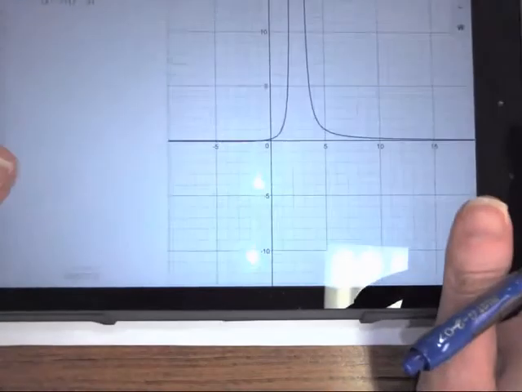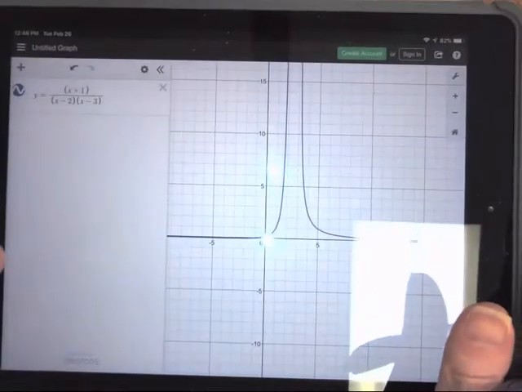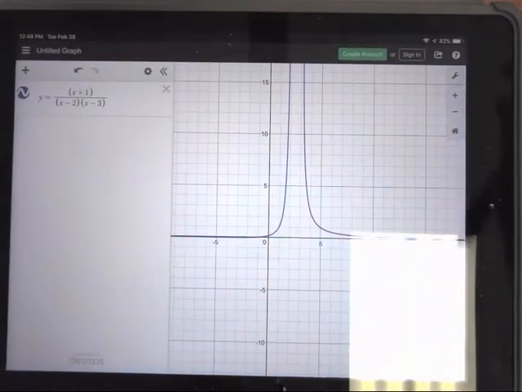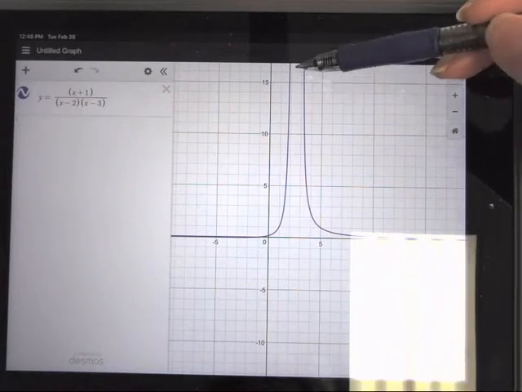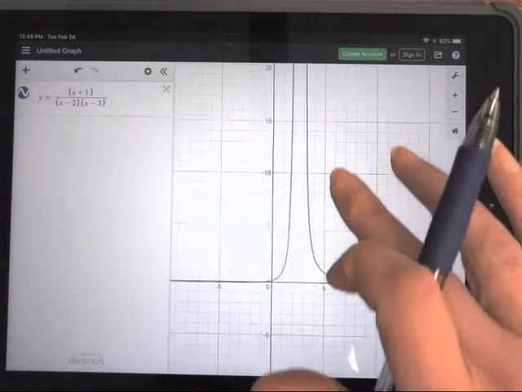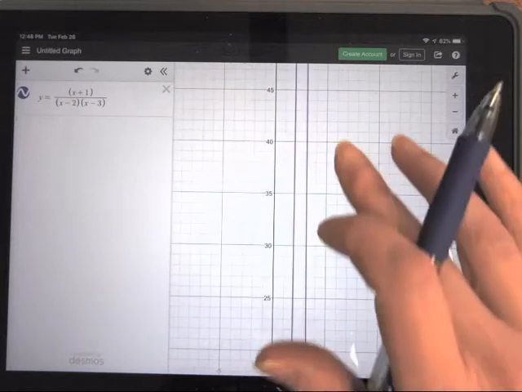Okay, so here you can see this graph. Let me turn the little light off so we don't have so much glare. You see how we essentially have a vertical asymptote right here at 2 and at 3, and I'm kind of curious what goes on up here.